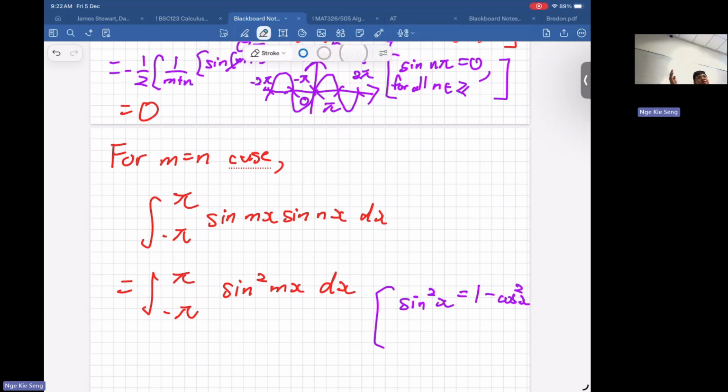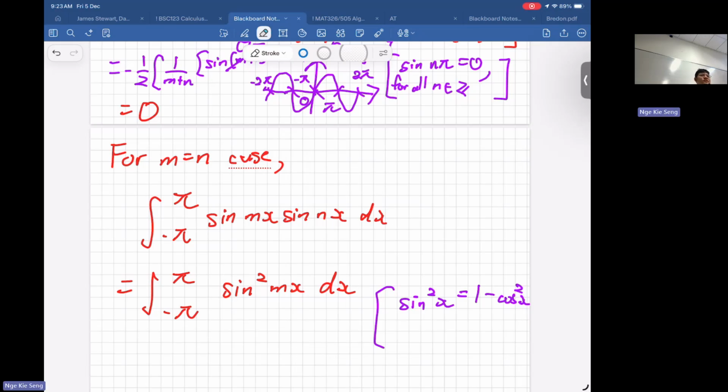But then you haven't done any reduction. You just turn one square into the other square, so it's not quite useful here. We want a formula that can reduce the power, so that we can go back to the usual sine x and cos x to do integration.